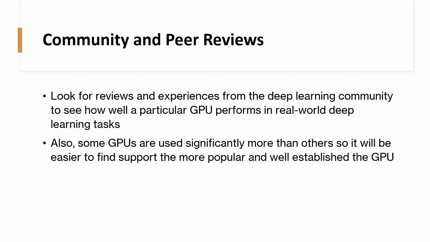Another thing to consider is that the more popular a piece of hardware is, and the longer it's been used, the more questions will have been solved, the more Stack Overflows you're going to find on it, and the more information and people that can help you. So, don't be on the bleeding edge, or I wouldn't be a lot of times. Let all the kinks get worked out, and let the community be built up before you dive in, which is, again, part of the reason why I've never ventured over to the AMD side, partly for this reason.